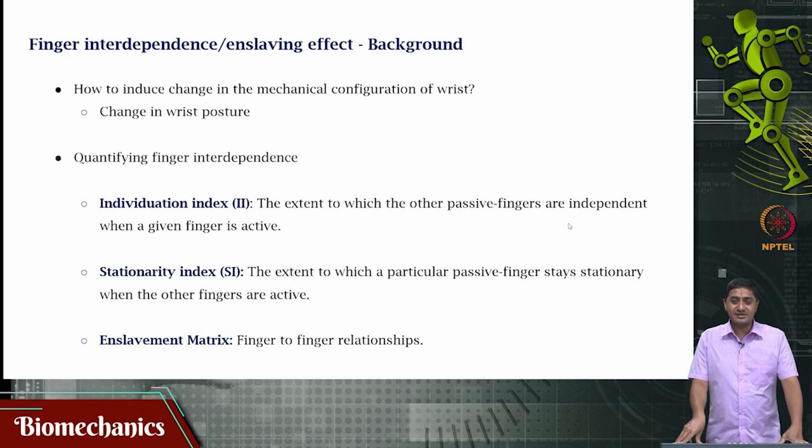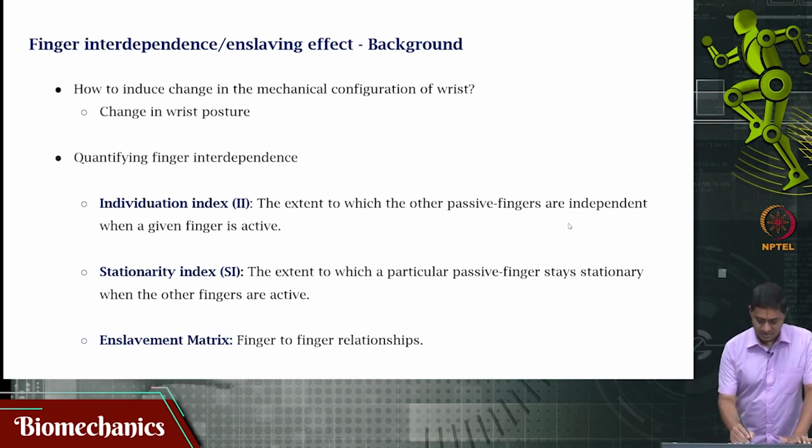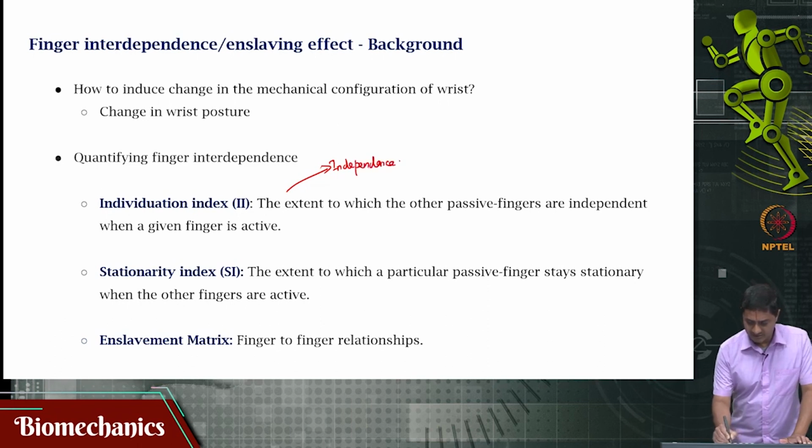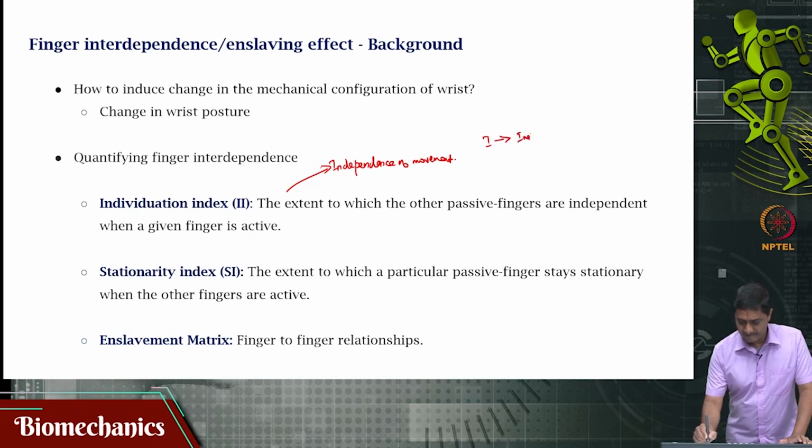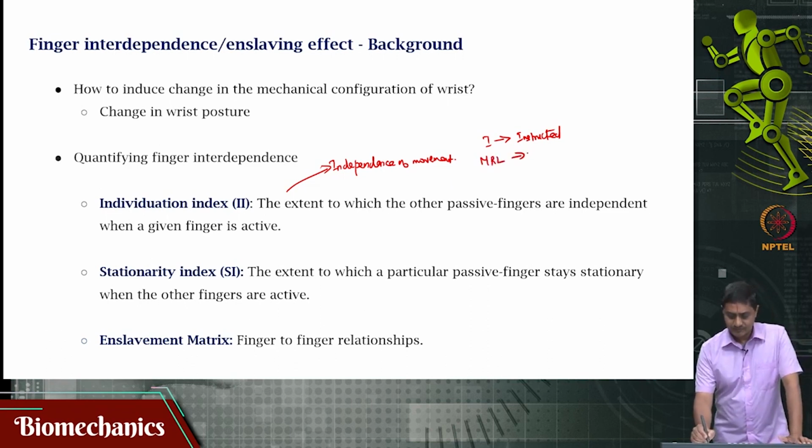How individuated, that is independence. Individuated refers to independence of movement. Say for example, I is the instructed finger, the movements in middle, ring and little.